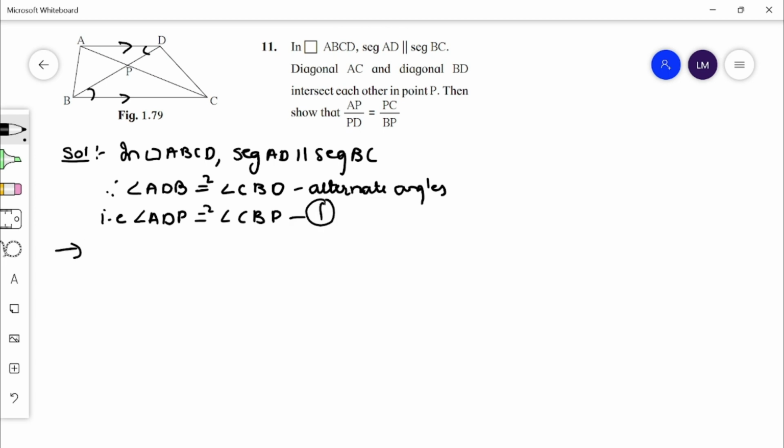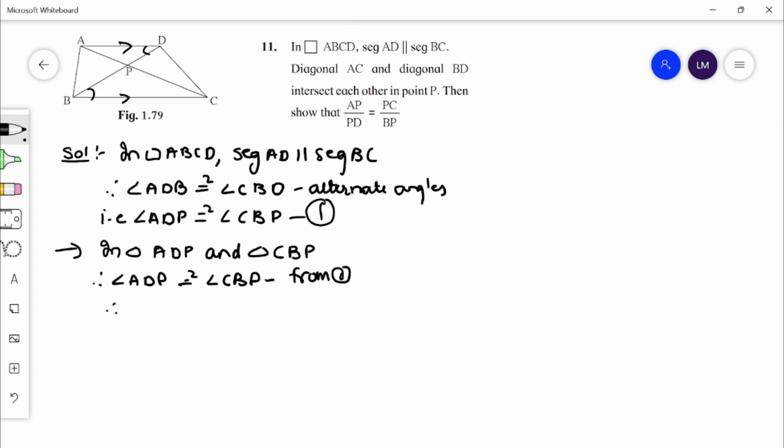Now we'll move on with the triangle. So we'll write the triangle name in 1-to-1 correspondence, that is in triangle ADP and triangle CBP. D and B is your alternate angle and P is your vertically opposite. Therefore, angle ADP is congruent to angle CBP. Reason from 1.